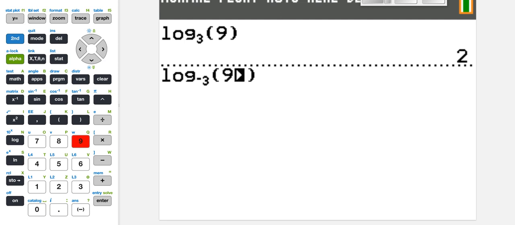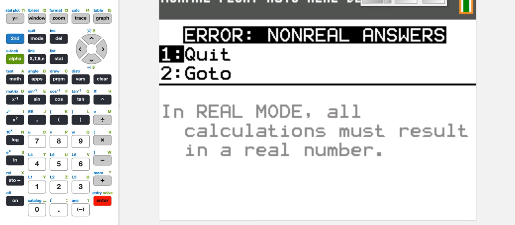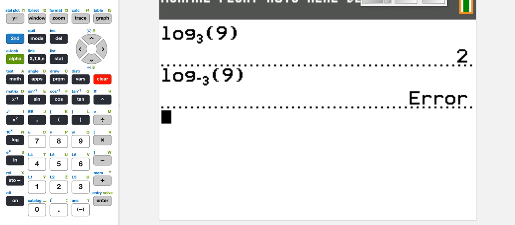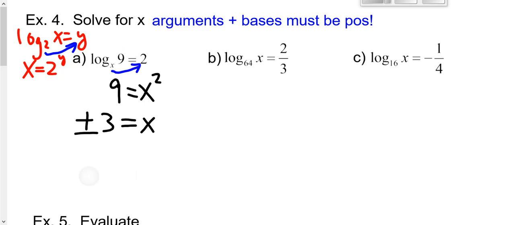Guess what? Error. Because we cannot have a negative base. Alright, so just keep this in mind. So therefore in this case, we cannot have a negative base. So that means in this case, the only answer is x has to be 3.